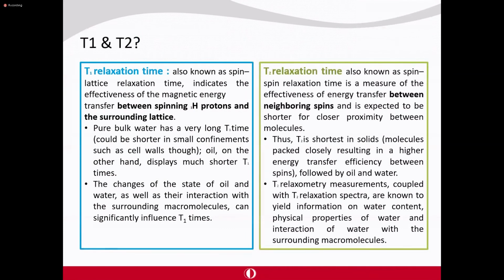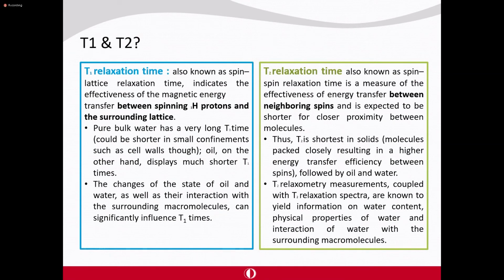Okay, so here you see the T1 and T2 differences. T1 relaxation time, also known as the spin-lattice relaxation time, indicates the effectiveness of the magnetic energy transfer between the protons and the surrounding lattice. Pure bulk water has a very long T1 time. Oil, on the other hand, displays a shorter T1 time.